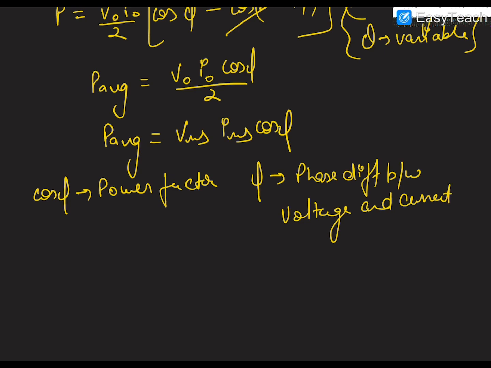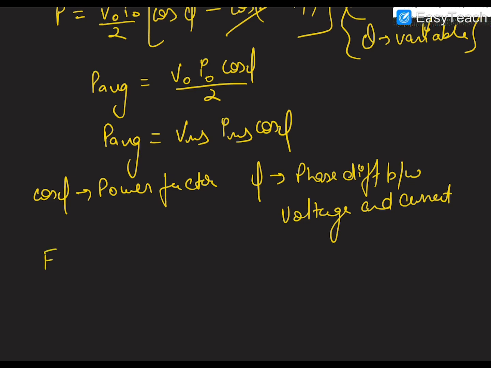This is the power factor. Now we can say that the average power formula is this one, and this cos phi, which is also known as the power factor, decides what the power loss will be in any circuit.